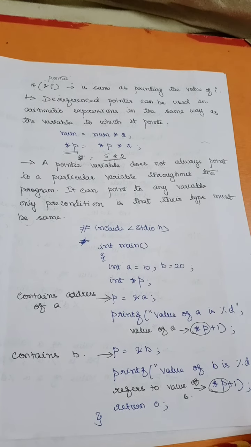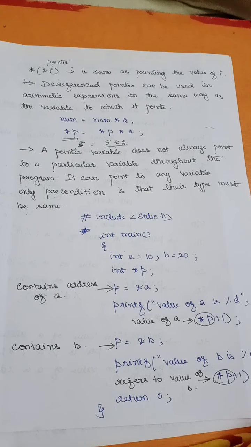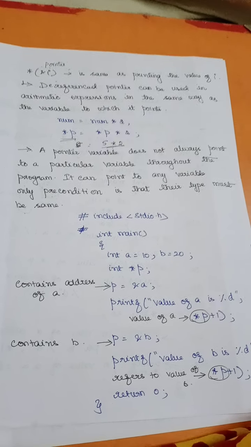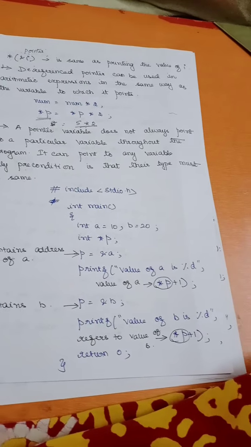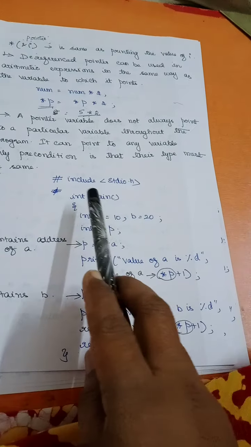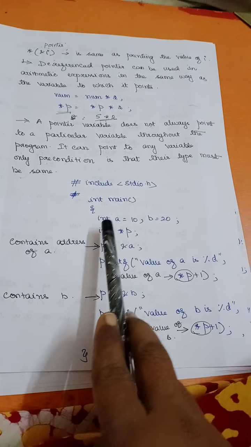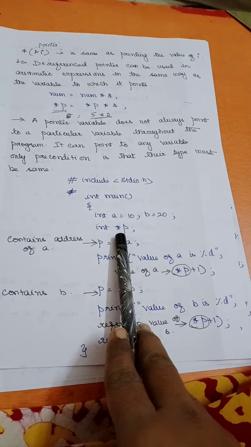So till now we have seen how to declare a pointer, how to initialize the pointer, and how to access the value through the pointer indirectly. Now we'll see one more program on how the dereference operator is used. Hash include stdio.h, int main, int a equal to 10, b equal to 20, int star p.